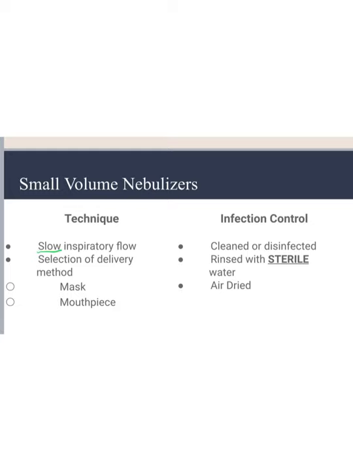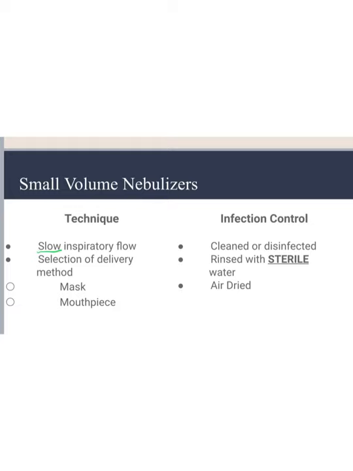Now, anytime you have a patient who you're giving brand new nebulizers to, there are instructions on how to clean them inside of the nebulizer. So there is a huge difference between home cleaning and hospital cleaning.